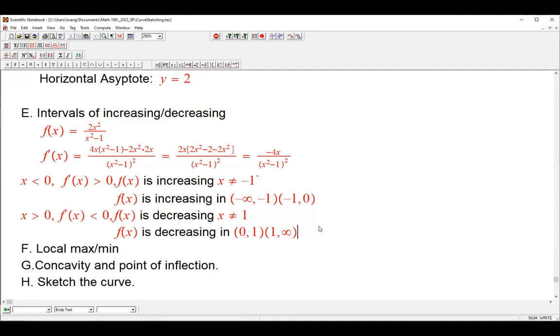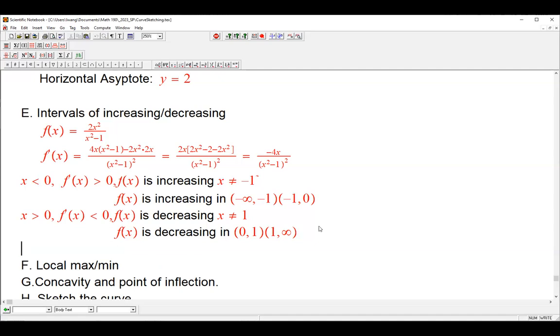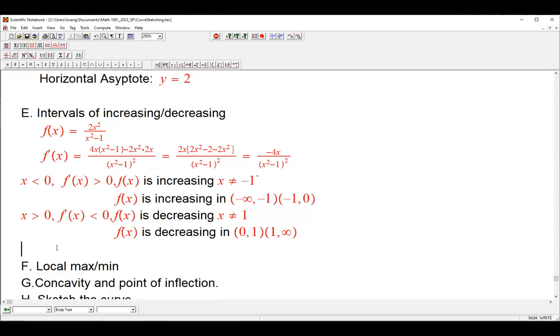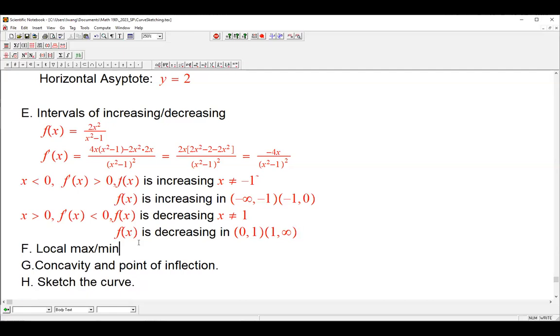We're not going to have local max or local min there either, because the value of the function approaches infinity. So the only critical number we need to consider is x equal to 0.